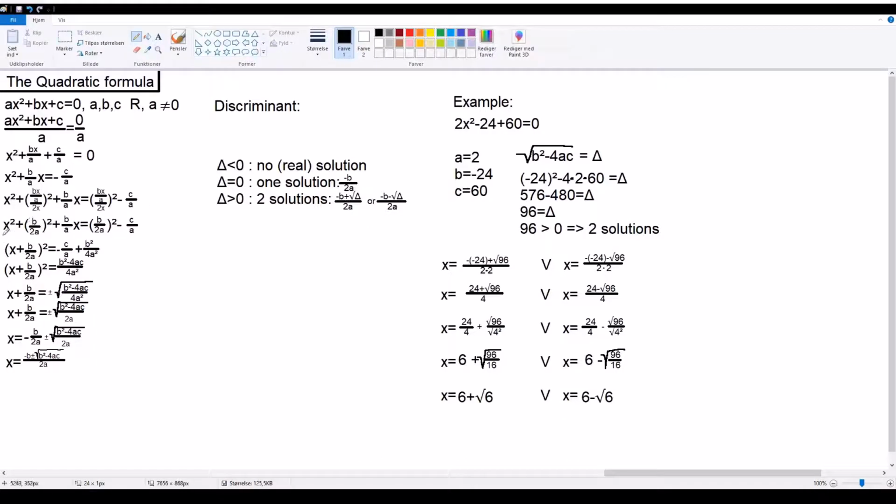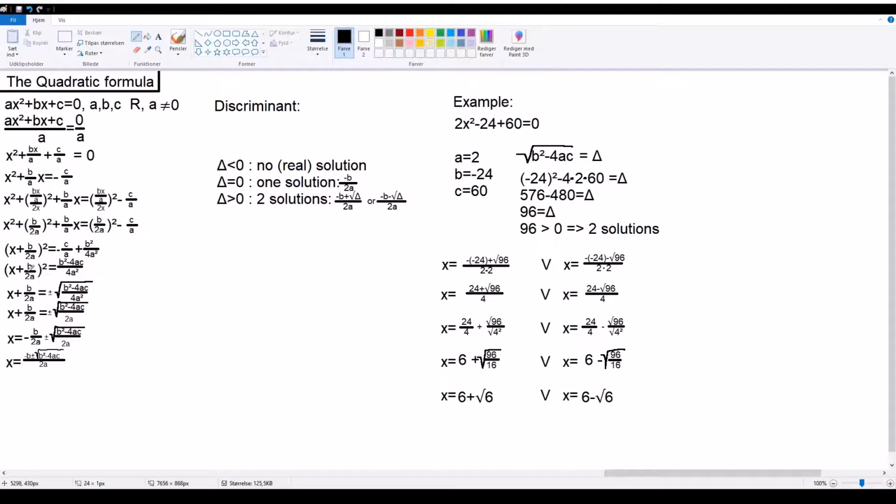Then you simplify, so you get x squared plus b divided by 2a in brackets squared plus b divided by a times x equals b divided by 2a in brackets squared minus c divided by a.